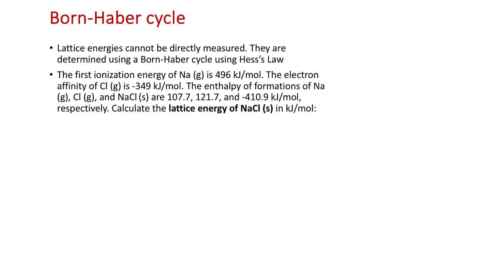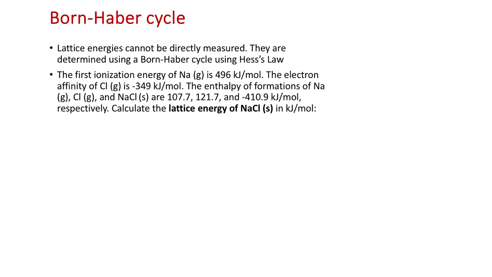So here we're given the first ionization energy of sodium and its numerical value. We're given an electron affinity. We're given some heat information for Na gas, Cl gas, and sodium chloride. And then we're asked to find the lattice energy of NaCl in kJ per mole.